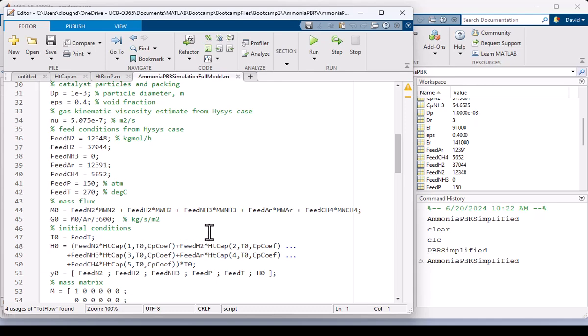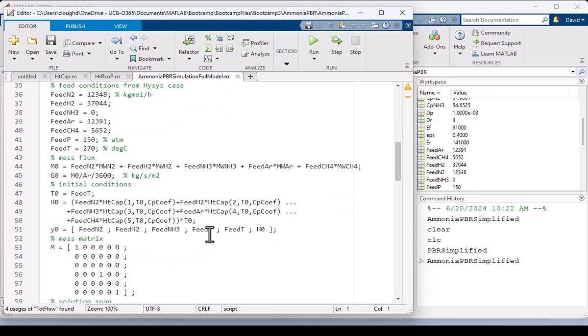And then we have initial conditions, which are now somewhat different. We have our feed temperature, and we have our initial enthalpy value, which we compute, all right, given our feeds.